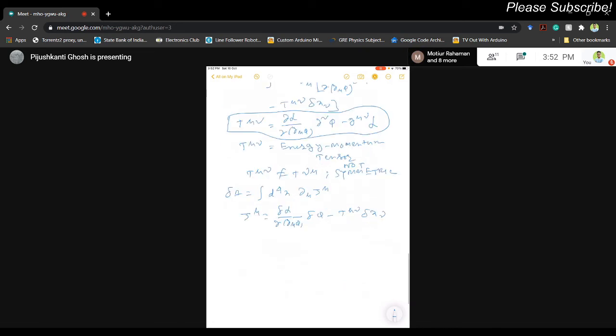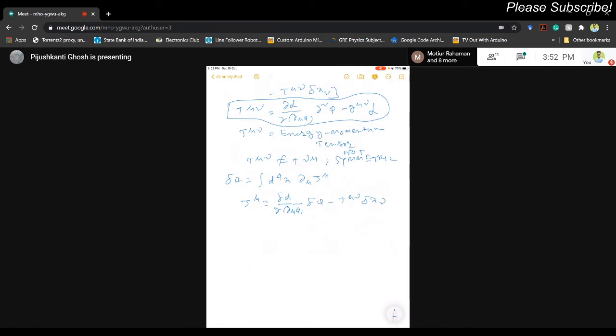Now, in general, this equation that delta A is equal to the integral d4x del mu J mu is valid as long as the Euler-Lagrange equation is satisfied.